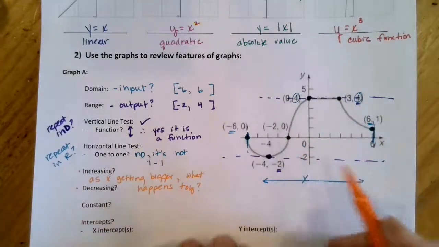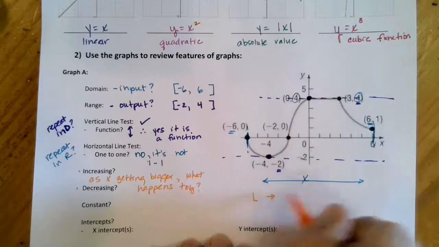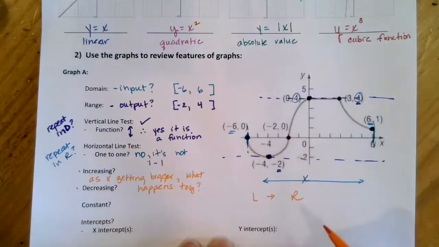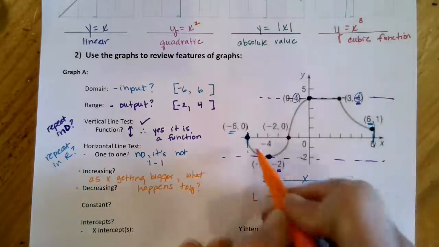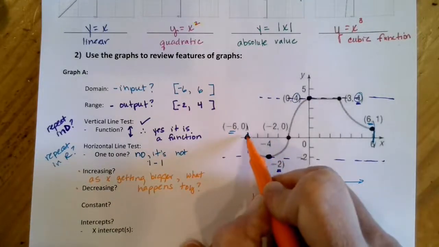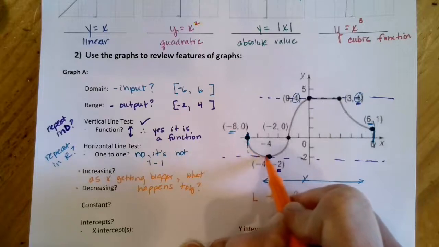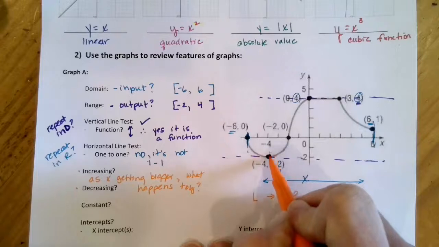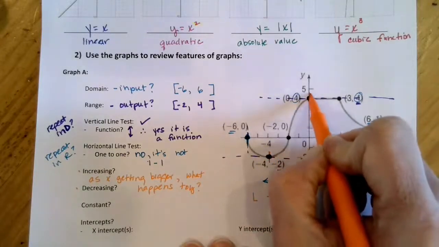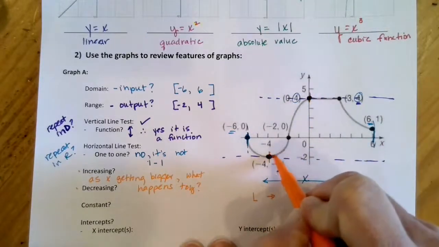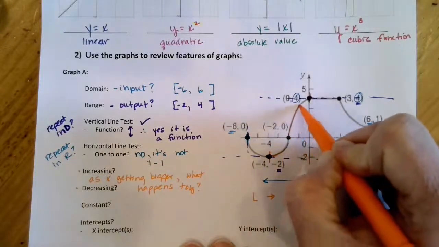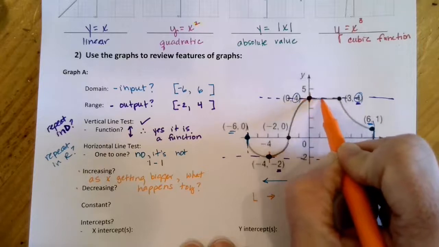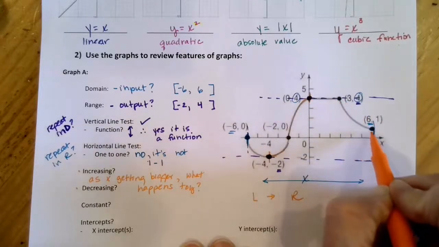So we talk about our x values as we move from left to right. As this x moves, where is the graph getting smaller? You can think about it like a roller coaster ride. See how I'm going down, down, down, down? See how I start going up, up, up, up? So from this point to this point, my x is getting bigger and my y is getting bigger. Here nothing's happening, and here I'm falling.